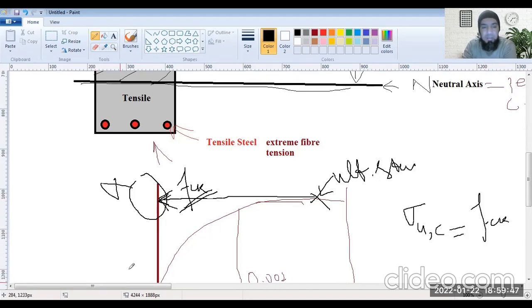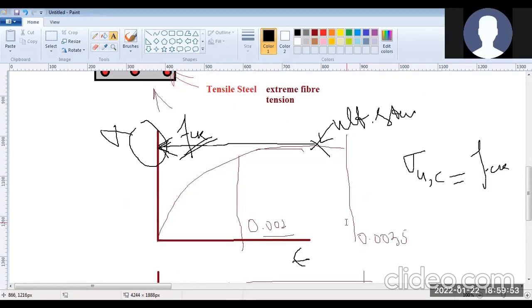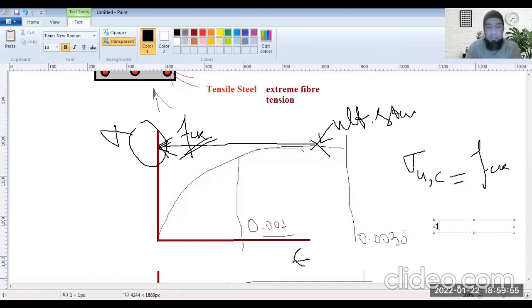But there are conditions to this. Number one, there is uncertainty that we discussed. There are various uncertainties in the loading and in workmanship and other things. So there is uncertainty regarding that.